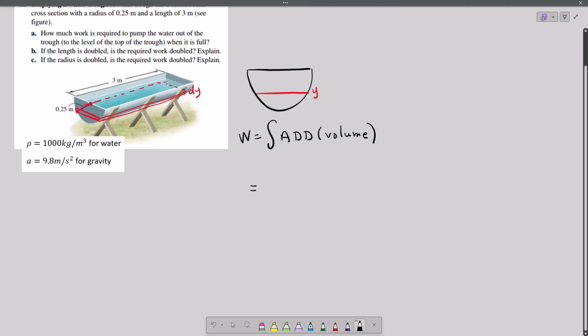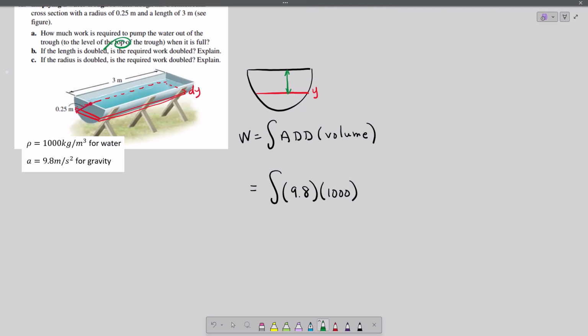All right, so let's fill in the blanks. We've got this beautiful acronym: ADD. Acceleration, density, distance. What do you think distance is going to be? Once again, they're saying we're going to pump it right out of the top.